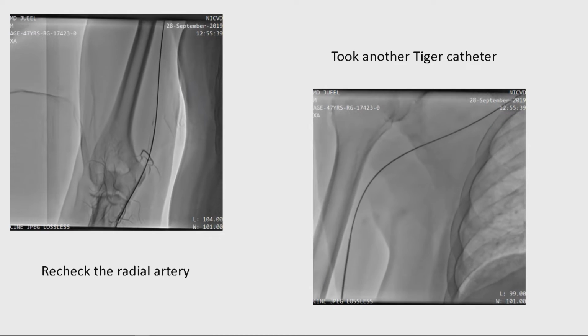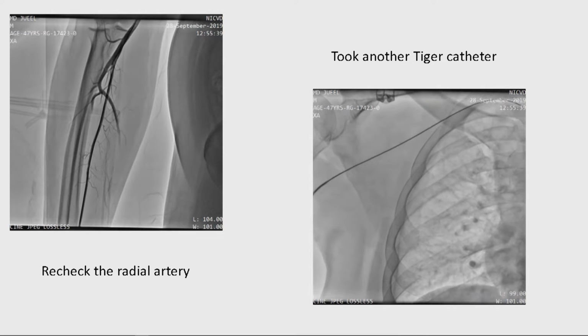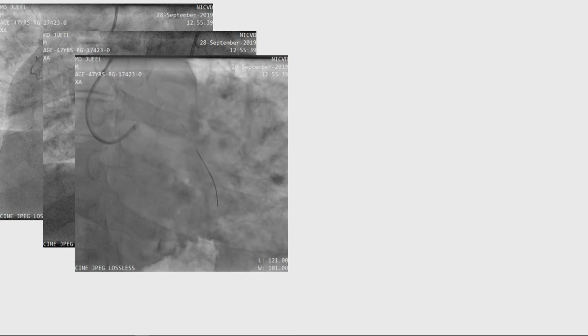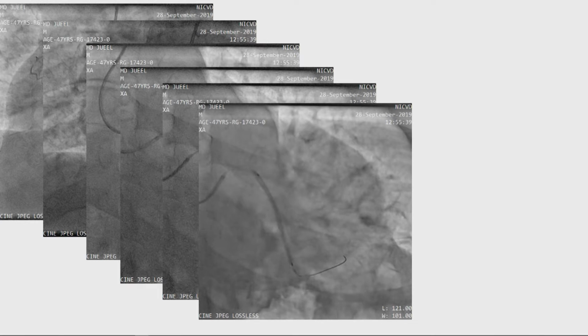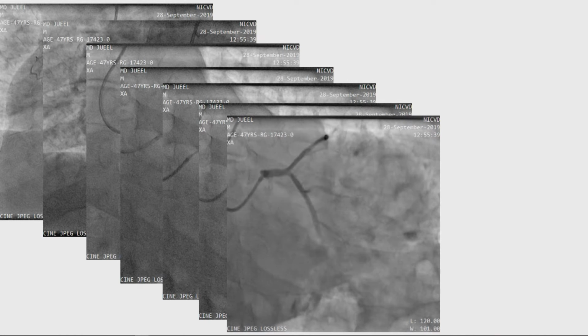Then we took another tiger catheter and did the right side, right coronary normal. Then we did PCI to LCX.